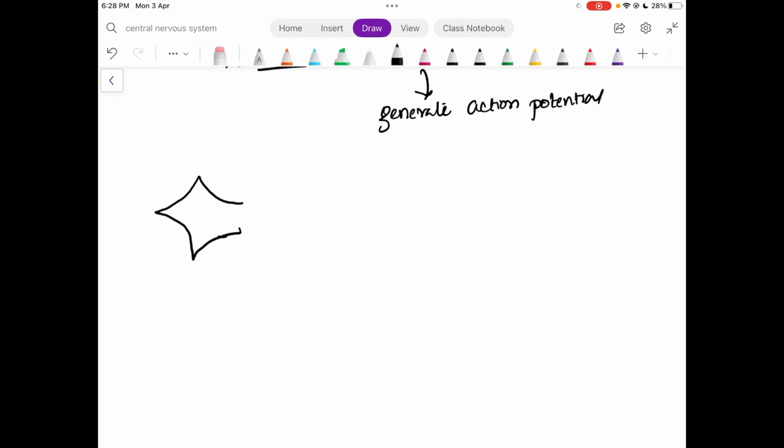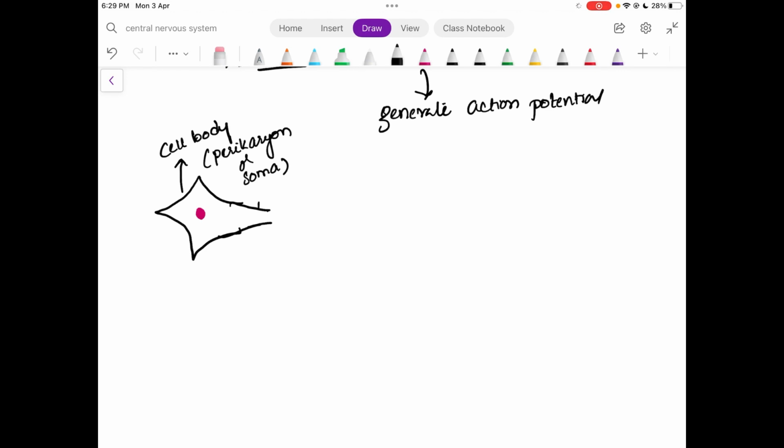This neuron has a cell body, and this cell body contains the nucleus. The cell body can be called the perikaryon, or it can be called the soma.